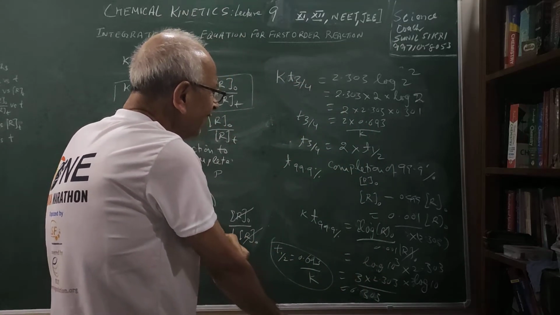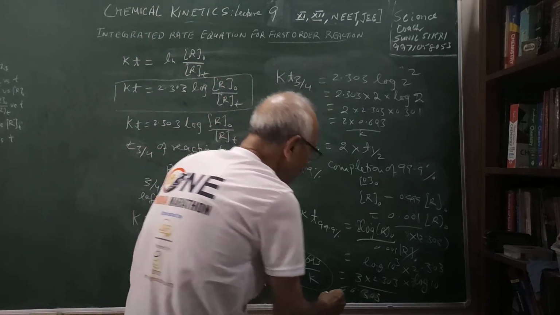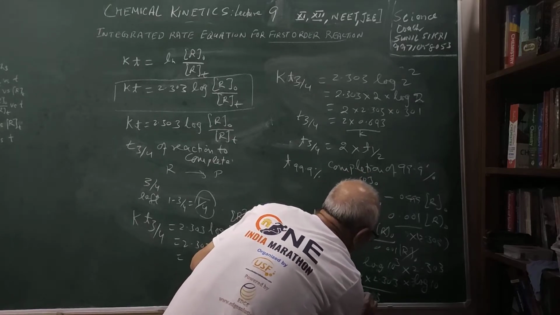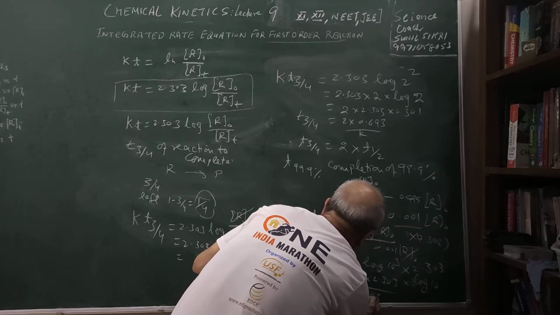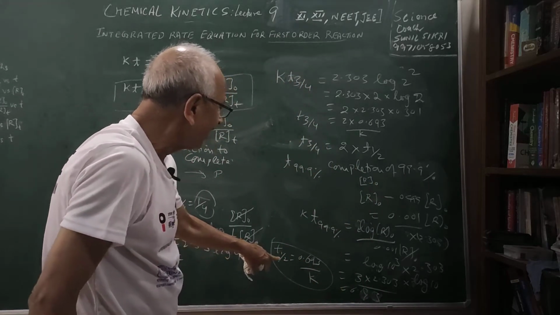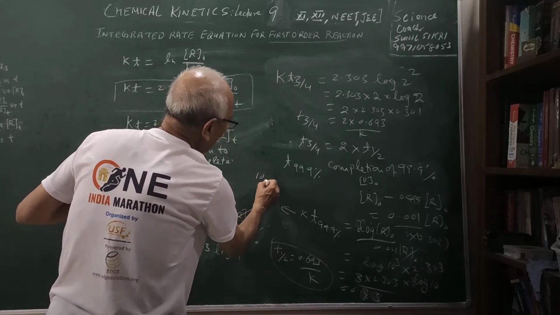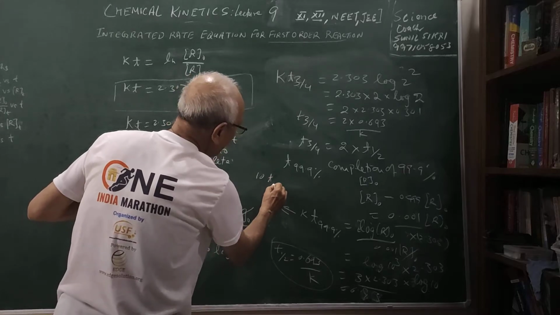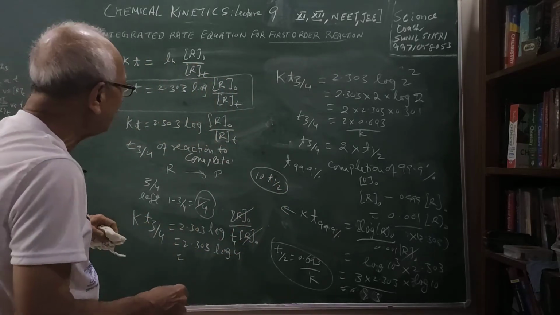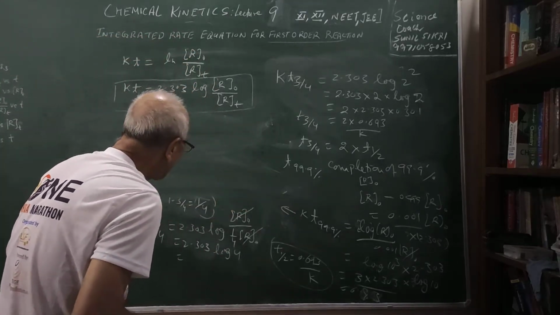This value will be 10 times of the half value. This value is nothing but 10 times T half. These are some of the relationships which are asked in the papers. You should be very careful, and they are very important, which I have tried to derive here.